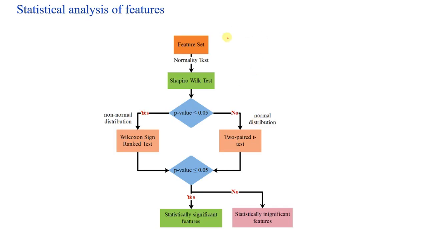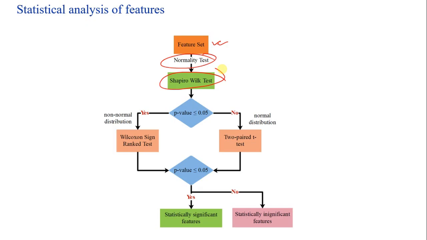When we start with the Shapiro-Wilk test, our assumption is that our data is non-normal. That's why, when p-value is less than 0.05, we consider the data to be non-normal. This is slightly different.